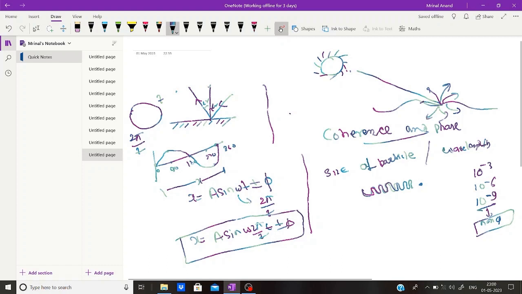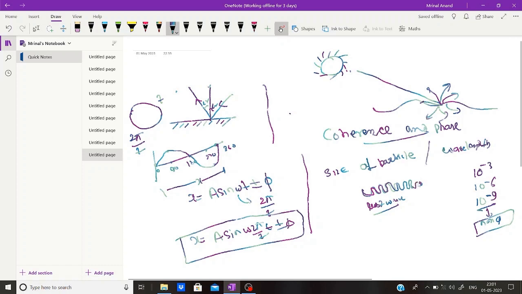So here the blue light has a very high frequency. That blue light has the least wavelength and the highest frequency. Since the frequency is very high, it has more penetrating power, so the probability of interaction with this minute aerosol particle becomes higher.